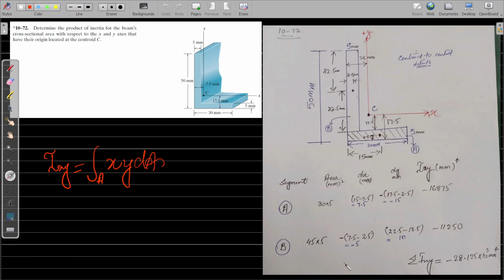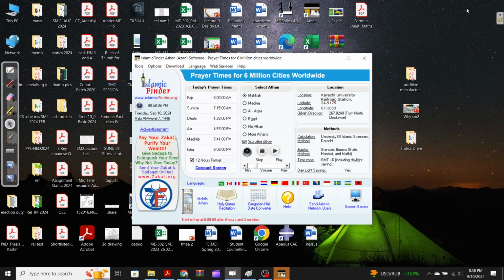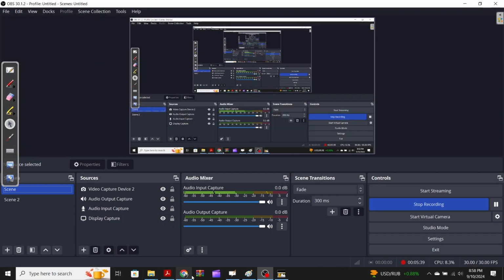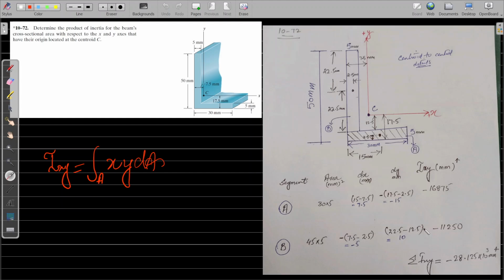So 7.5 minus 2.5 is 5. But this 5 lies not on the positive x but on the negative x, so we calculate it as minus 5.